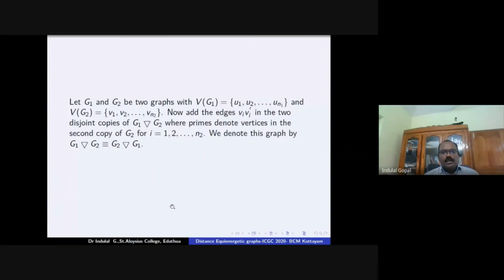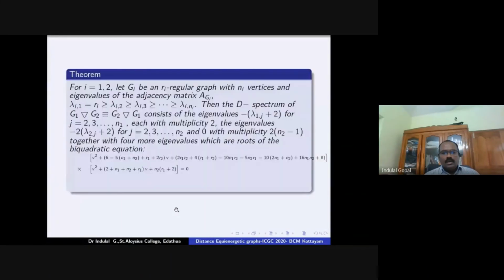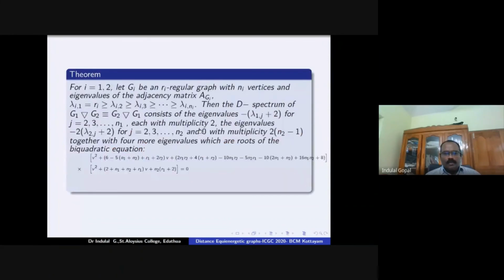Another operation on graphs we proposed appeared in the paper on the distance spectrum of this product of graphs in the International Journal of Graphs and Combinatorics in 2016 with Dr. Balakrishnan: there exists a pair of distance equi-energetic graphs of diameter 3 on p vertices for every p equal to 18 plus 2k, k greater than or equal to 1.